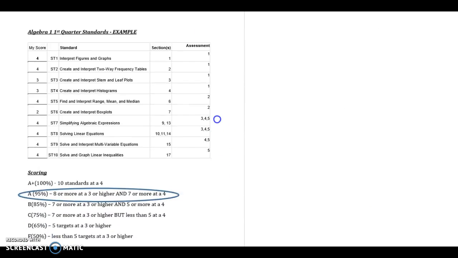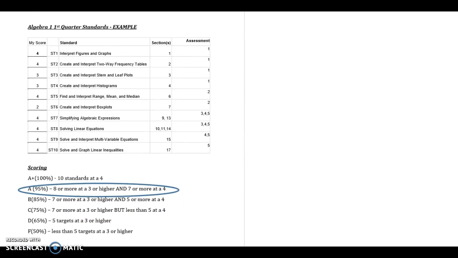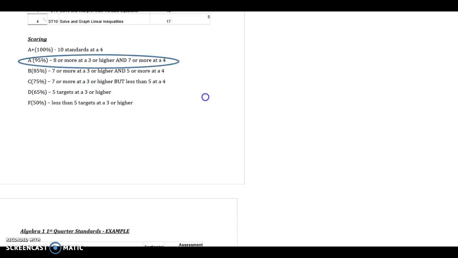Just as a quick example here, in this particular case, this student had 9 standards that were 3 or 4, proficient or higher. And of those 9, 7 of those are at a 4. In our gradebook, that student will get a 95% for the summative assessment category.